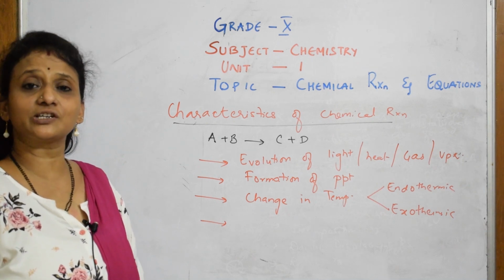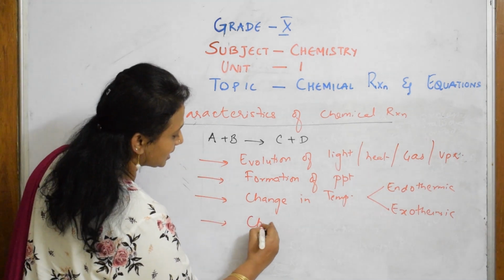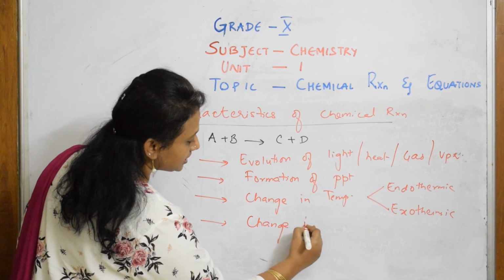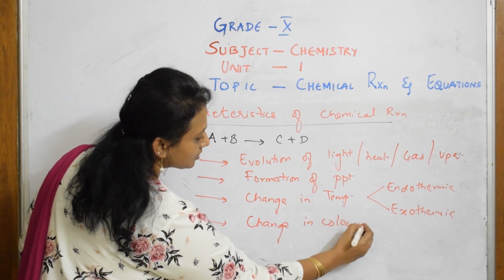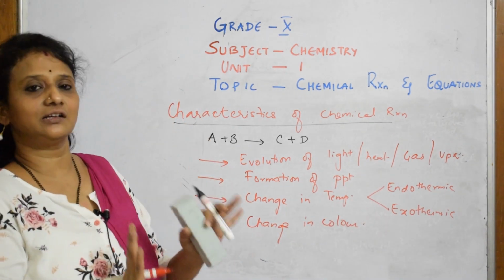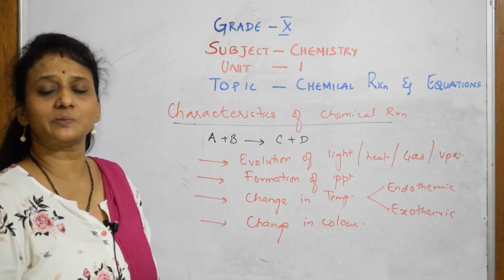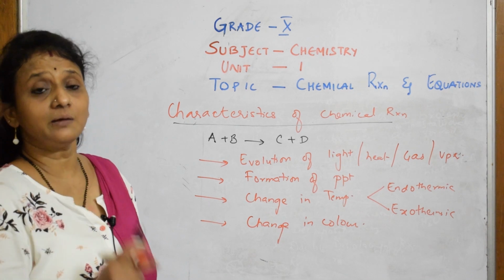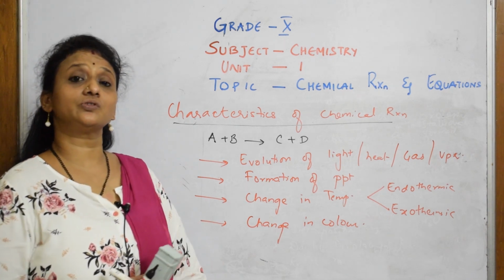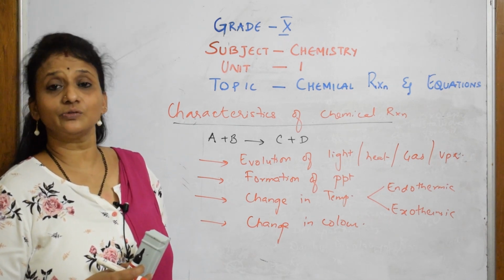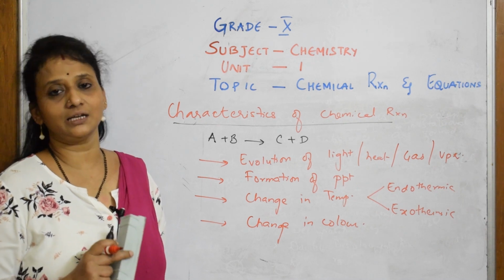Most of the reactions we see change in color also. Different colors, colorless to yellow, precipitate, orange, lots. I'll be explaining a lot of examples, where in your MCQs or your answers they'll be asking you the color change. So you should be very clear about that.